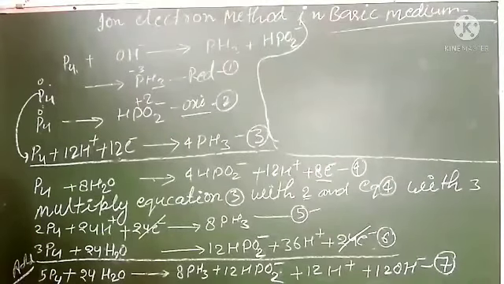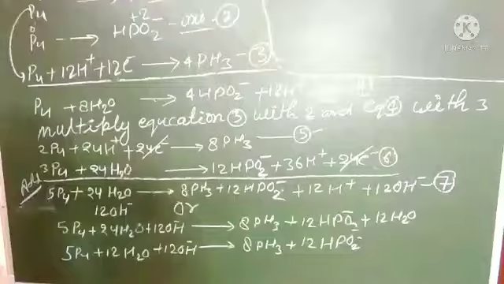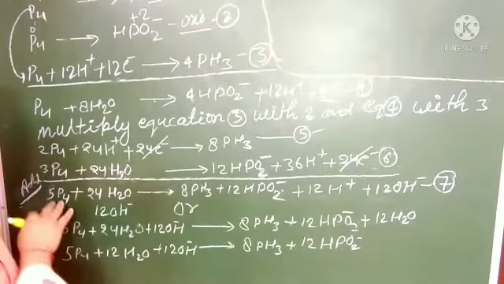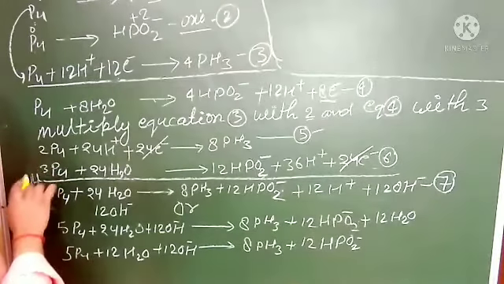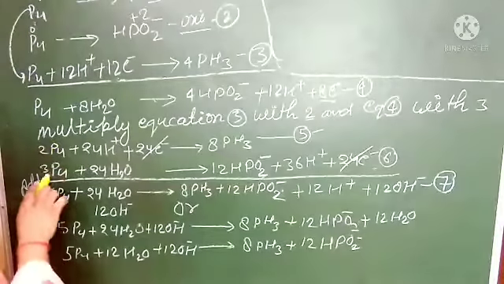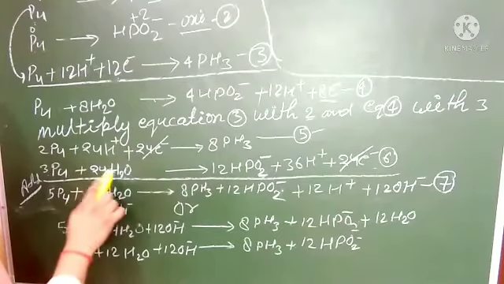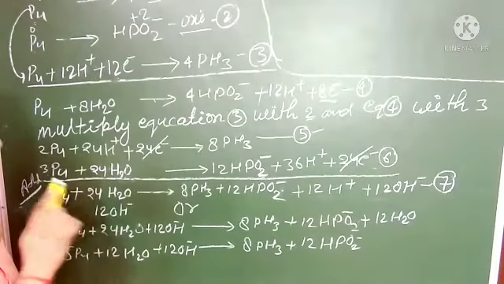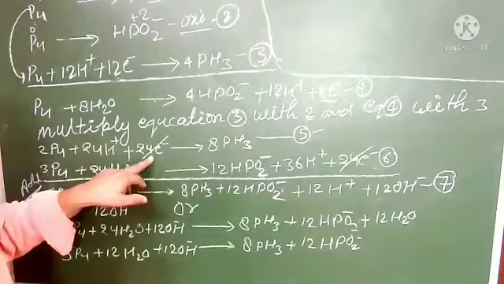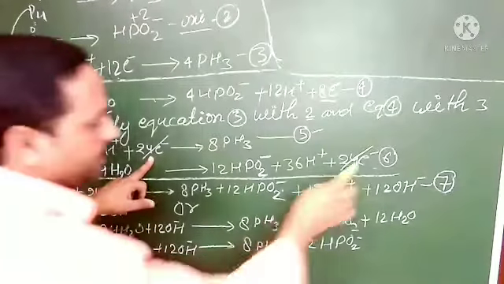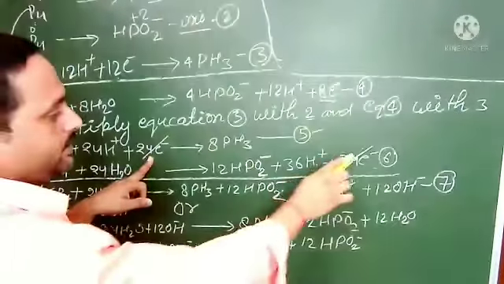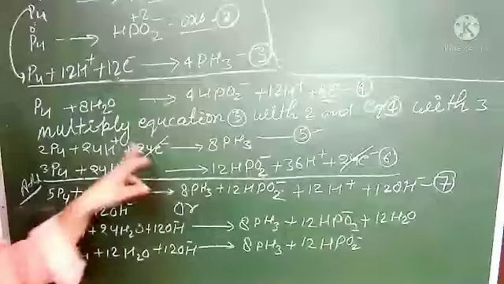So in adding, what will we do? Just all of you see. So let us see here. We are going to add. So we are adding here 2 and 3, 5, and here 24 H2O. And in next 24 electron this side and 24 electron that side, we have cancelled it. 24 is cancelled by 24 electrons.